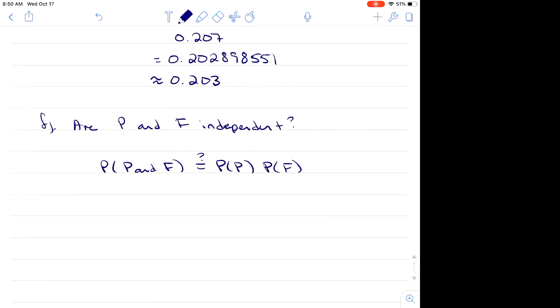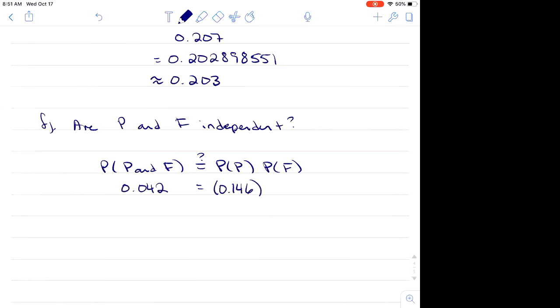So the probability of P and F we know is 0.042. The probability of P, right, that's the general probability of living below the poverty line. So that's going to be your 0.146.